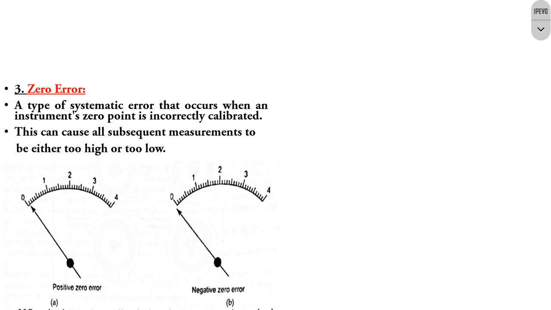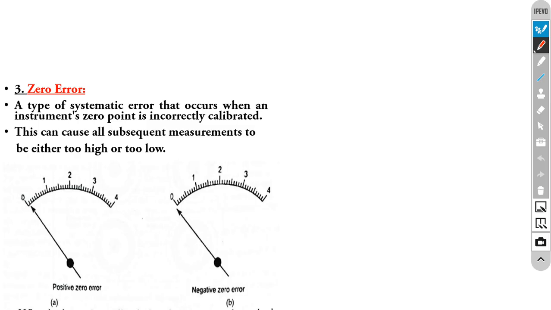Look at this instrument and look at the pointer. If you consider the first figure, this is the 0 point. But this pointer is not pointing exactly at the 0 point. It's already pointing at where you have 0.1. This is positive 0 error.